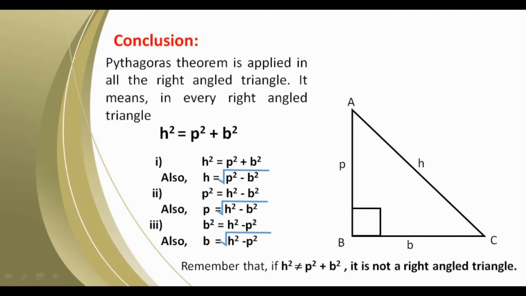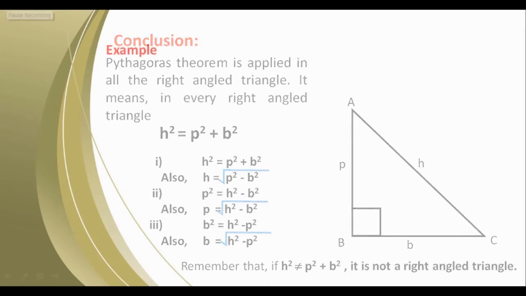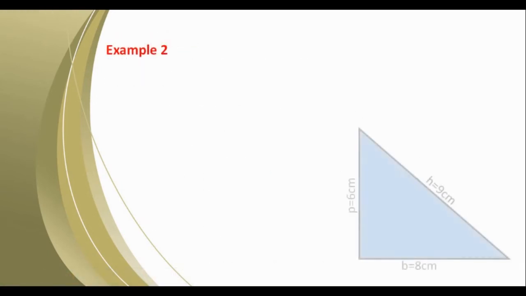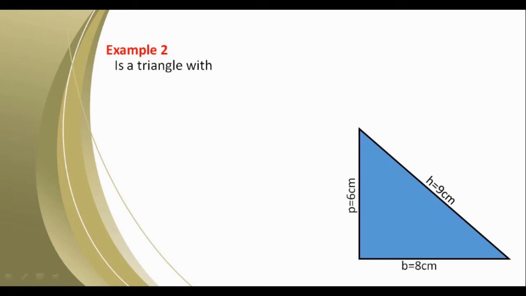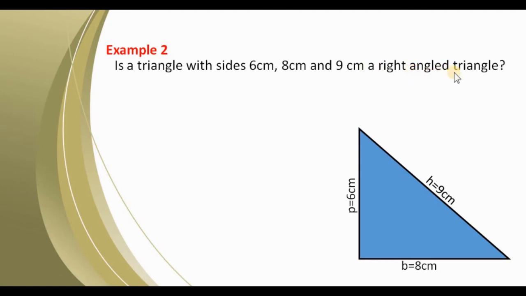Remember that if h square is not equal to p square plus b square, it is not a right angled triangle. Is a triangle with sides 6 cm, 8 cm and 9 cm a right angled triangle?